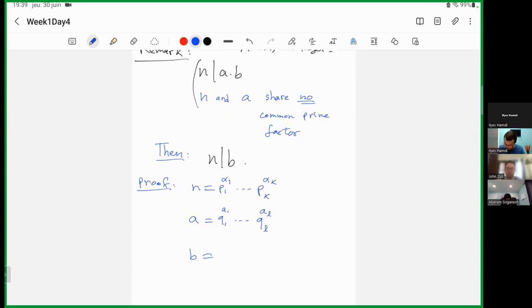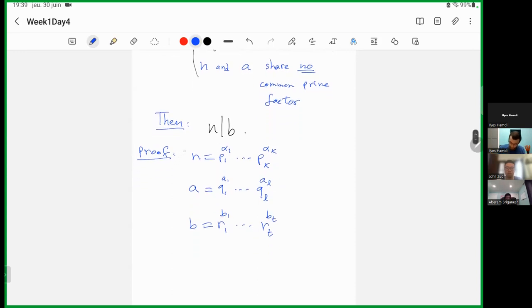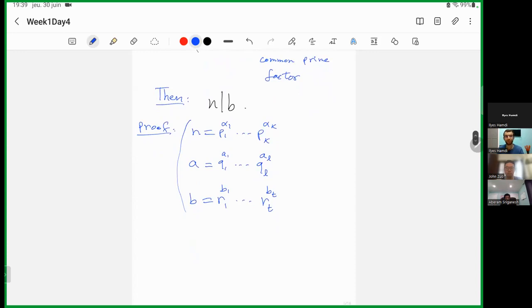And they could be equal, they could be different. This I don't know. So R1 to the B1, R, okay, let's take T to the BT. Yeah, this is hard to write down, right? Too many exponents, too many indices.